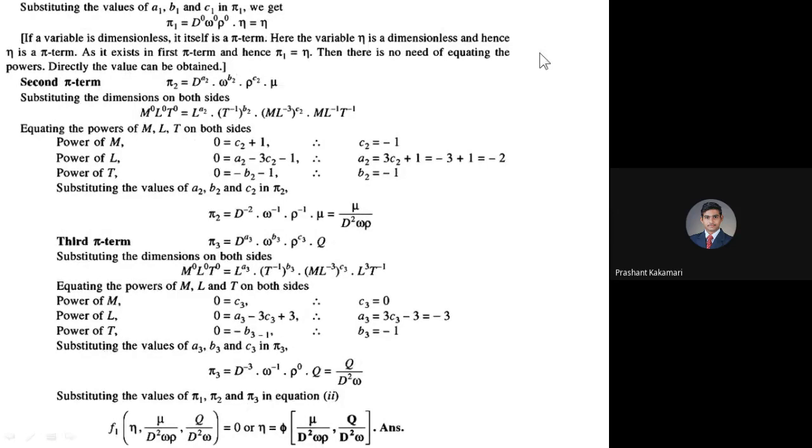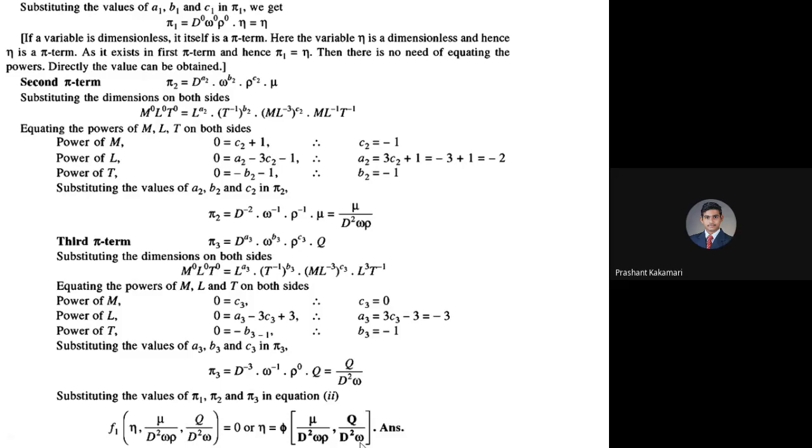Now if you want to find out whether it is dimensionless, take the dimensions of mu, the fundamental quantities, and the fundamental quantities of diameter, omega, and rho. They should cancel. All the dimensions should cancel between numerator and denominator. It should be 0. Similarly for discharge. Discharge is L3 into T raised to minus 1, divided by d square, which is L square, and omega, which is per second, T raised to minus 1.